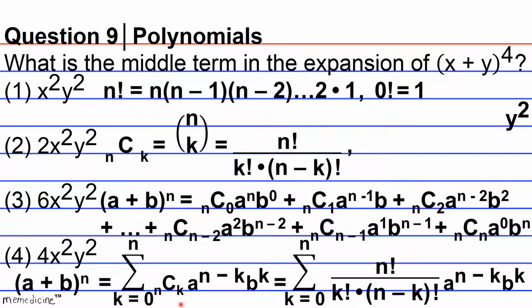So we have x is equivalent to a, y is equivalent to b, n is equivalent to 4. And we just explained that for our third term, this is the first term, second term, third term, our third term is when k is equivalent to 2. Okay?